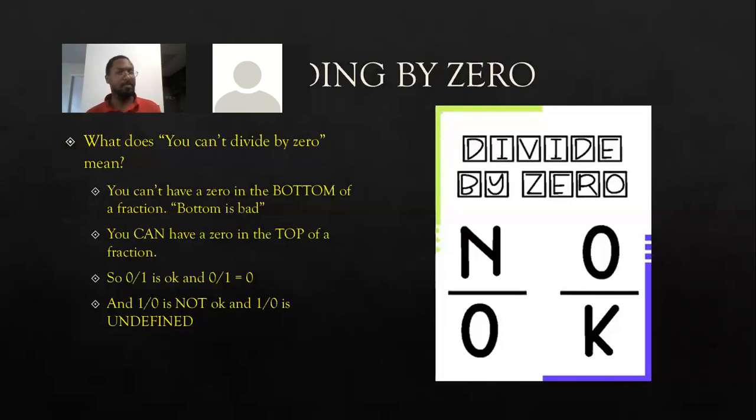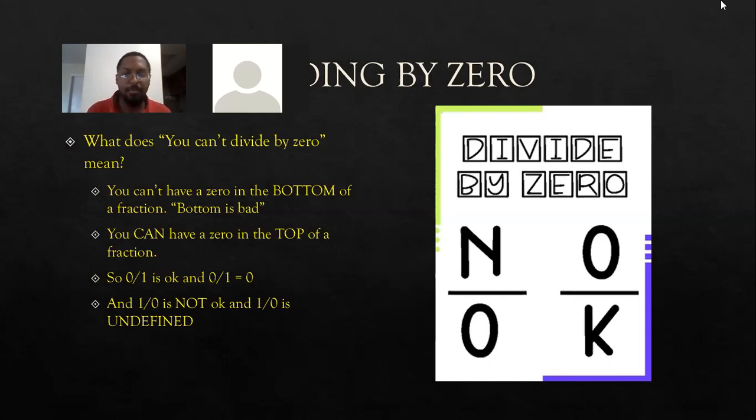However, you can have it on the top of a fraction. So you can actually have 0 divided by 1 go into your calculator and you get 0. So that's fine. You cannot have 1 divided by 0. Your calculator will tell you, if you type it into Google, it'll tell you.